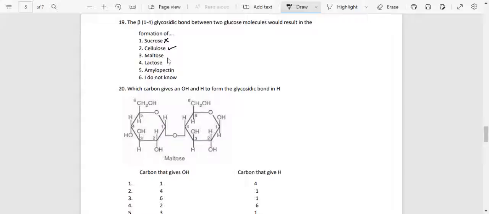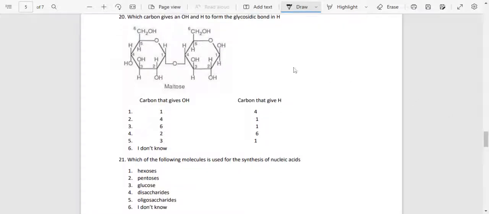Maltose is made from alpha 1,4 glycosidic bond, not beta. And lactose is made from beta galactose and either beta or alpha glucose. So this is not going to be true. Amylopectin is starch which is made from alpha 1,4 and 1,6 glycosidic bonds. So this is also not true.